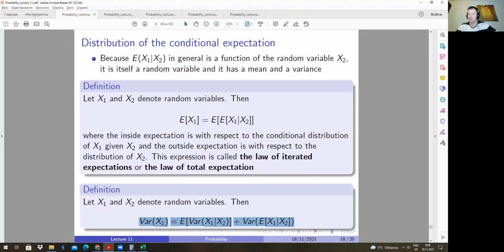Basically, we will come to this expression in the next semester when we will ask something like whether some numerical variable depends on some qualitative characteristic of a person.